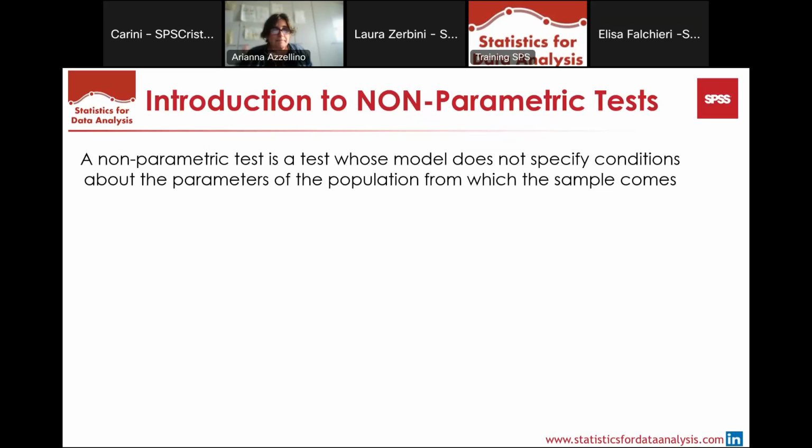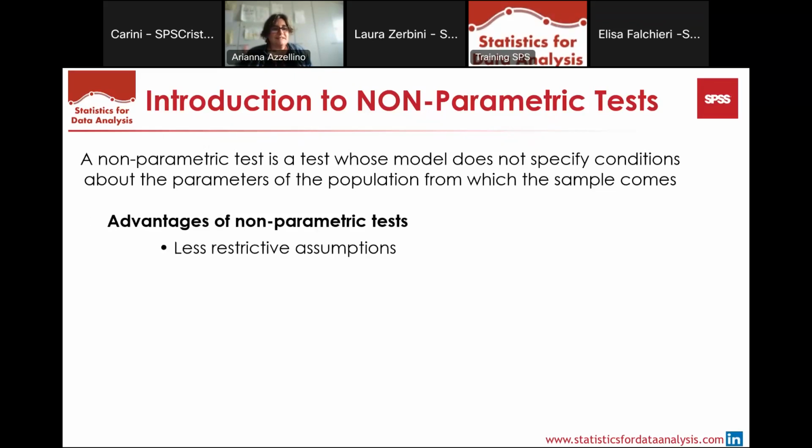Particularly, it is the sample mean which follows the normal distribution. On the other hand, a non-parametric test is a test that does not require such an assumption. So this is the reason why non-parametric tests are thought of as more flexible. They are for sure less restrictive in their assumptions.